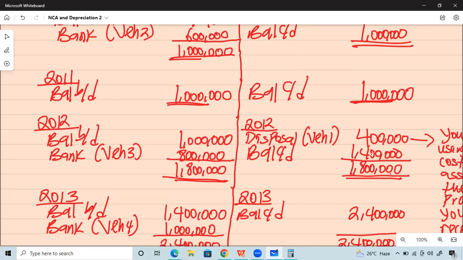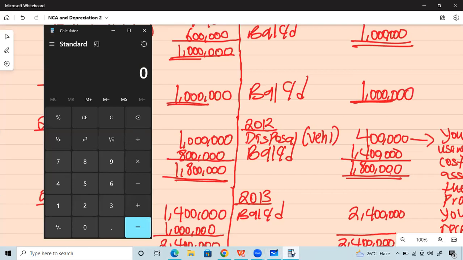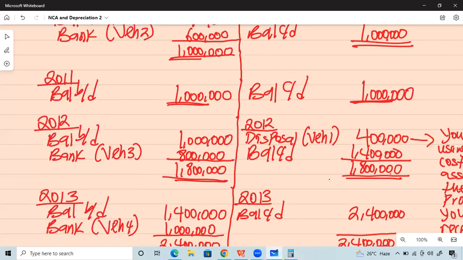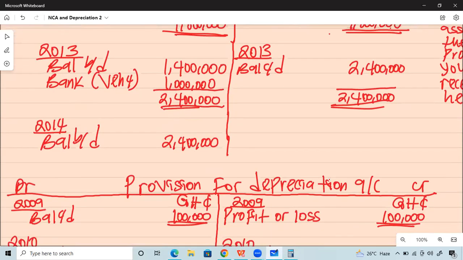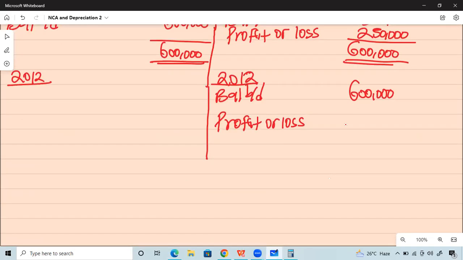The value of your asset, which is the balance, is 1.4. So 0.25 multiplied by 1.4, then you have 350. 25% of 1.4 million is 350,000. So then you write 350,000.